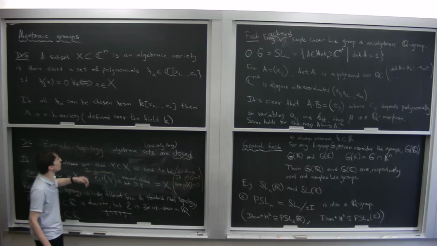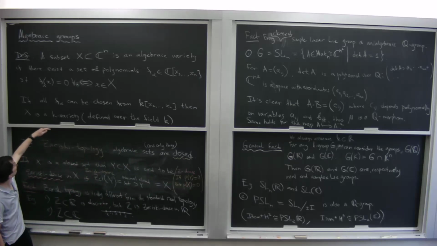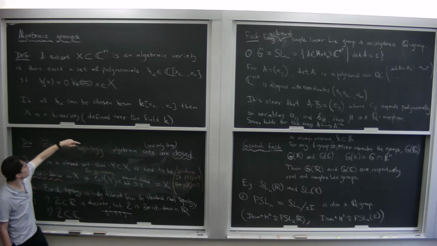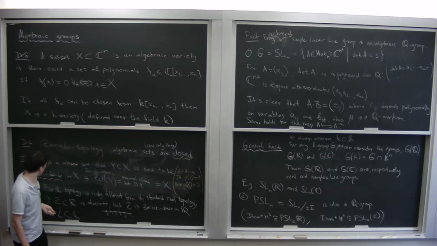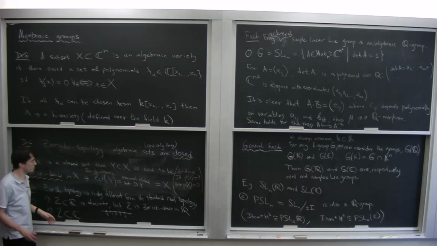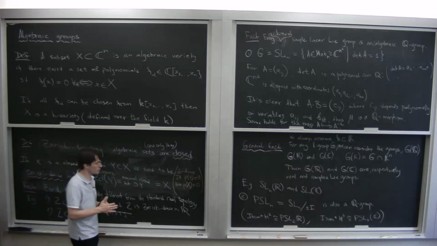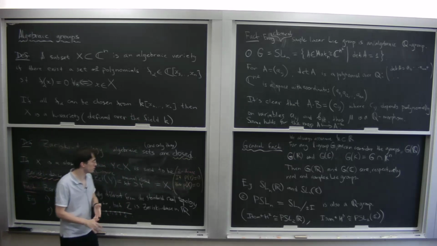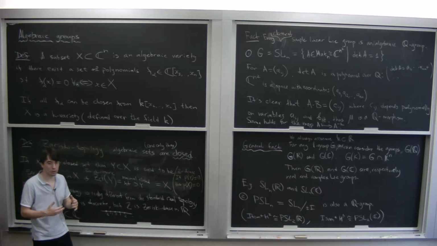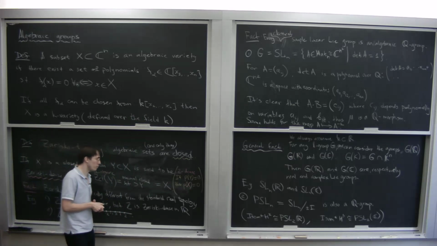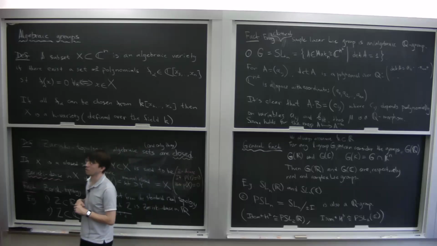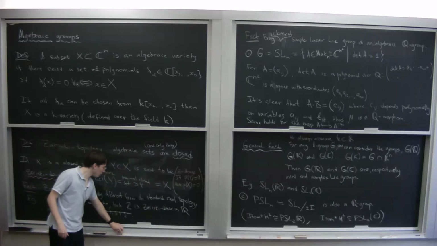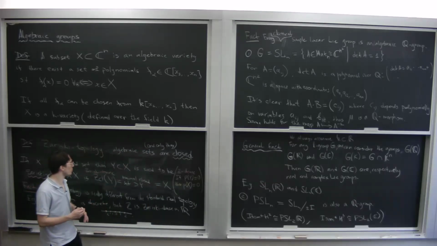It's important in which field we have the coefficients of our polynomials. For some more advanced proofs, people consider K-Zariski closure. For our purposes, it's mostly about the real closure.